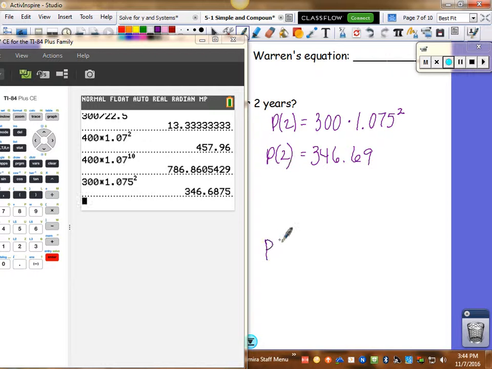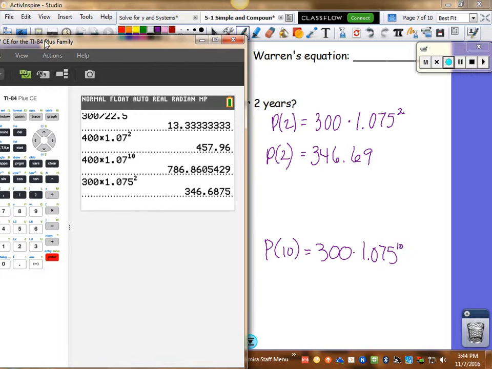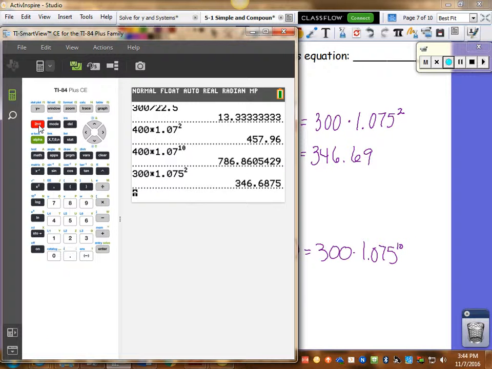And P of 10 for 10 years. We'll just second enter. Make that a 10. 618.31.